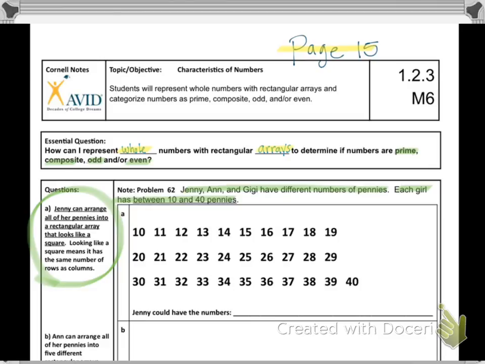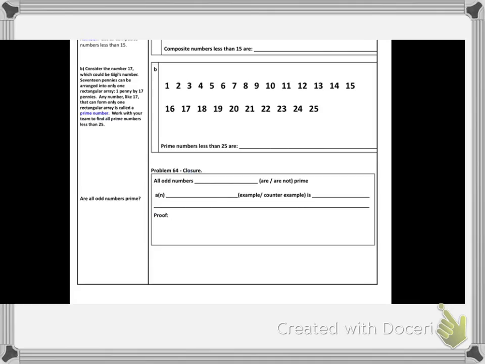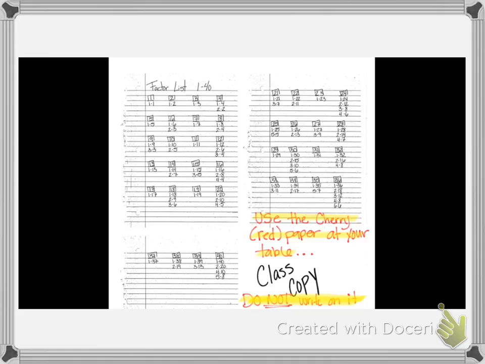All right, it's time to grab your cherry sheet of paper and let's take a look. Again, remember, do not write on this sheet of paper. We are going to start looking with the number 10 because they have the numbers 10 through 40. I'm going to write on my piece of paper. You cannot write on yours.